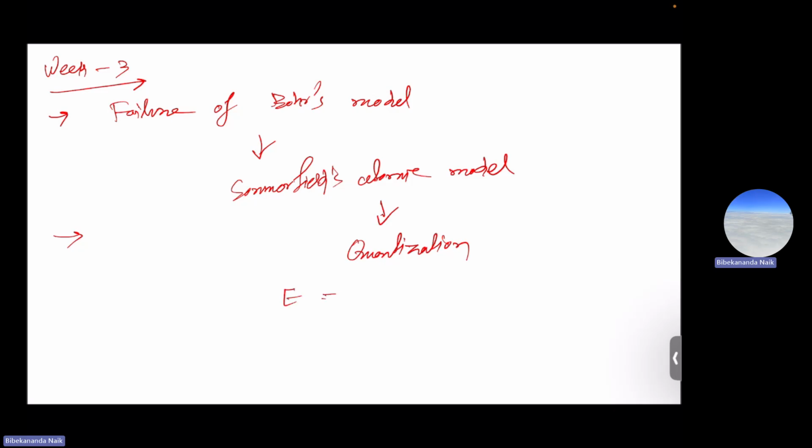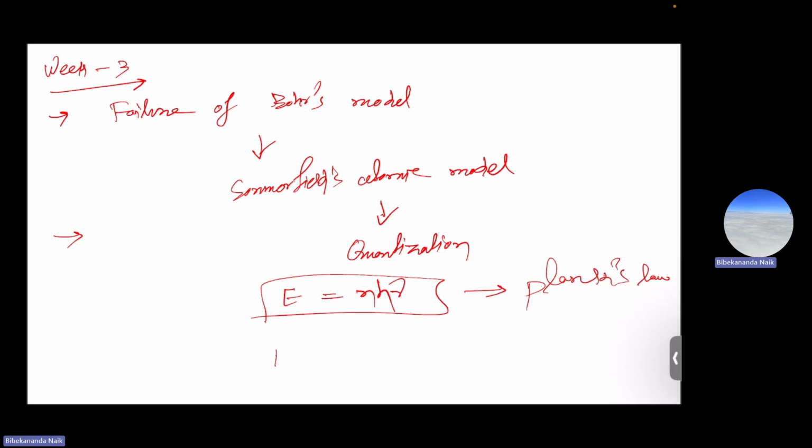Energy quantization was given by E equals h nu, by Planck's law. Similarly, according to Bohr, the angular momentum was also quantized, n h cross. So depending upon the quantization condition, the atomic model was modified.